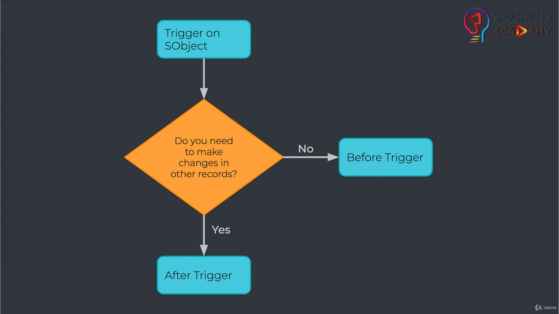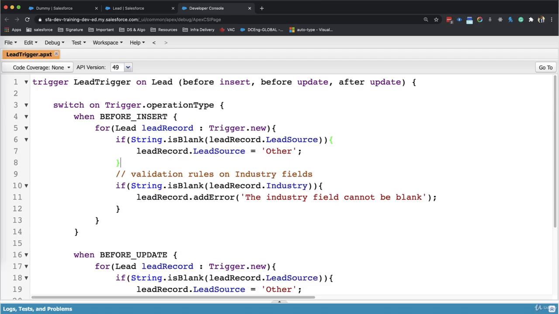So let's go back to our Salesforce org where we are going to see an example of an after trigger. So here in our lead trigger, I've got one more requirement which says once a lead record is created, then create a task related to that lead record, or let's call it a follow-up task, to check the lead status. And we are going to do it in our current lead trigger itself.